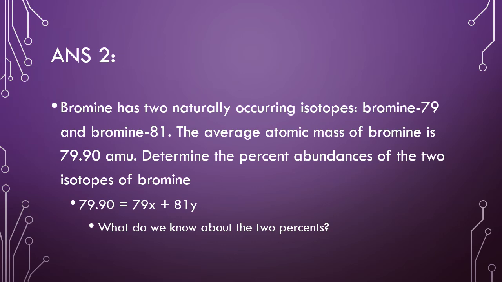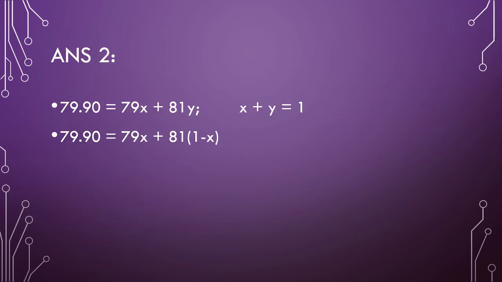However, based on how percents work, what do we know about the percents X and Y? We know that the percents X and Y must add up to 100%. And so, in addition to 79.90 equals 79x plus 81y, another statement that we also know is true is that x plus y must equal 1, which is the decimal form of 100%.